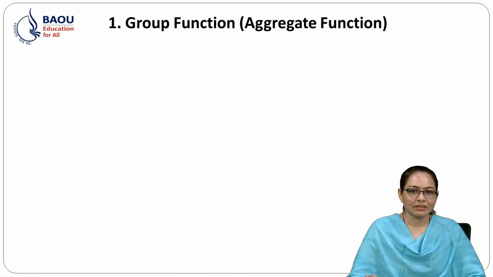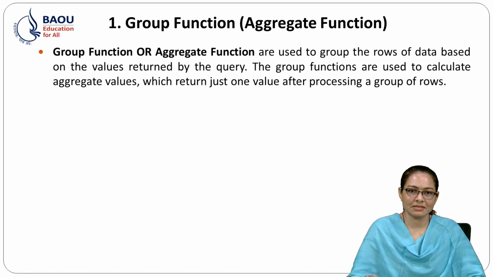Now start with the group function or aggregate function. The group functions or aggregate functions are used to group the rows of data based on the value returned by the query. The group functions are used to calculate aggregate values, which return just one value after processing a group of rows.